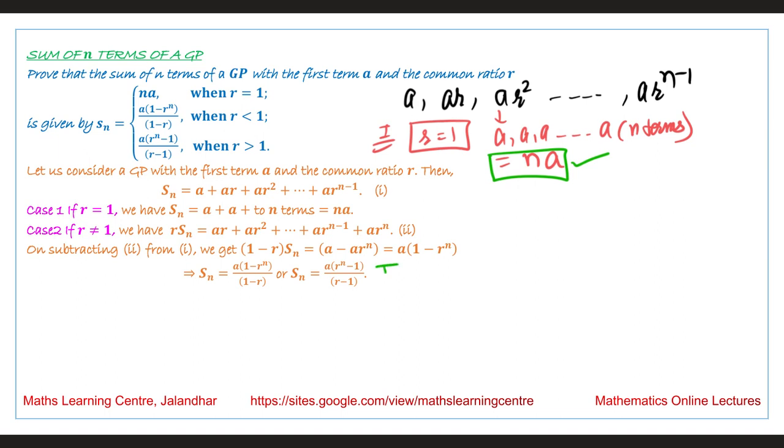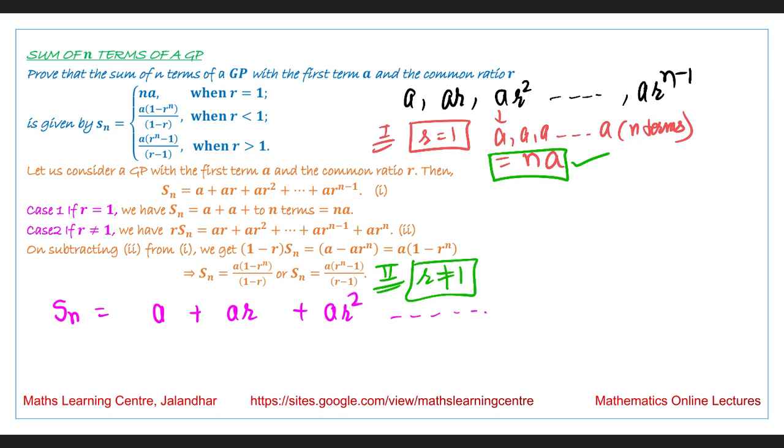The second case is when r is not equal to 1. The sum of the n terms, Sn, will be equal to a plus ar plus ar square, so on up to plus ar raised to the power n minus 1.